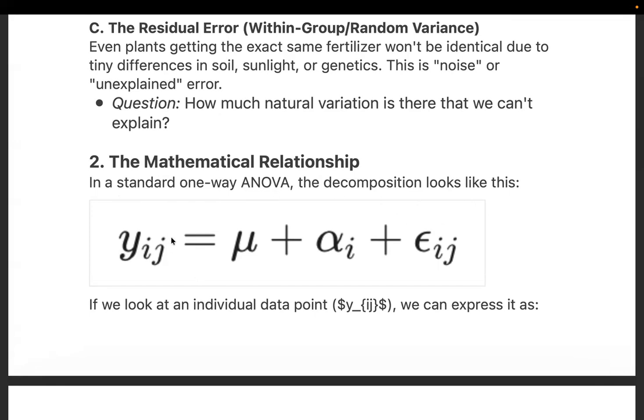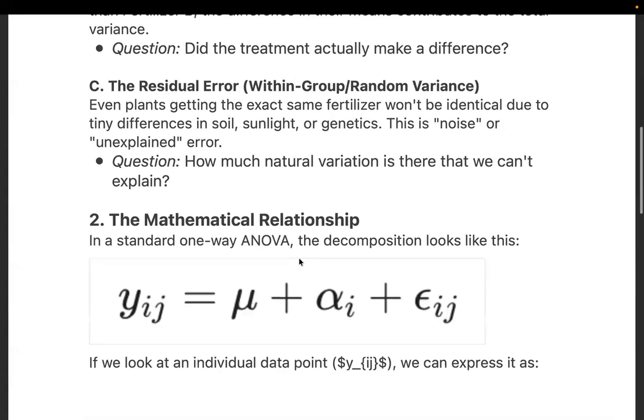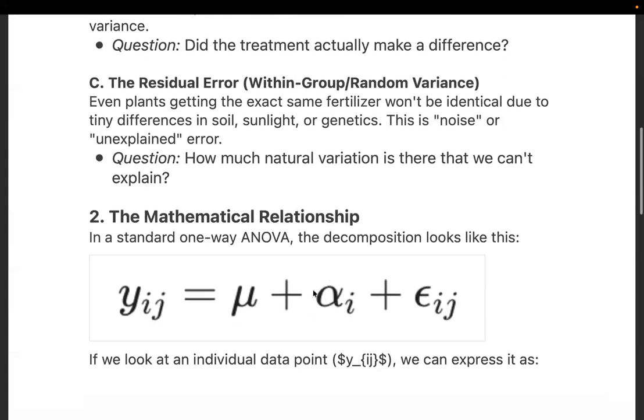So Yij, the height, is a result of the grand mean mu, plus alpha i, which is the variance due to treatment, and the variance due to the error, this residual error. So that should decide the individual plant's height.